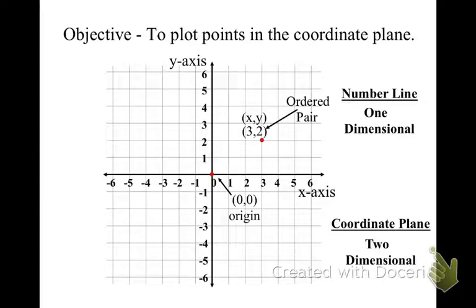An ordered pair is kind of like an address. The first part of your x, y coordinate, the x, is really your across movement, and the y is your up and down movement.